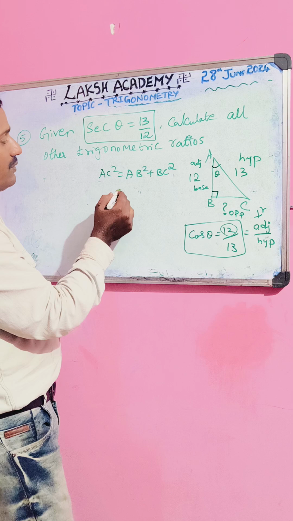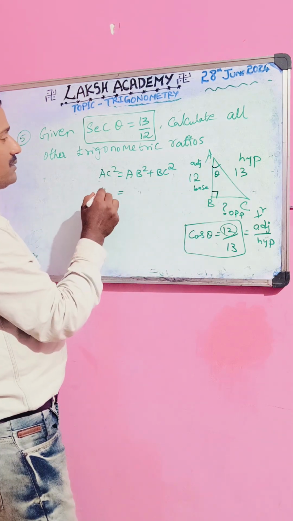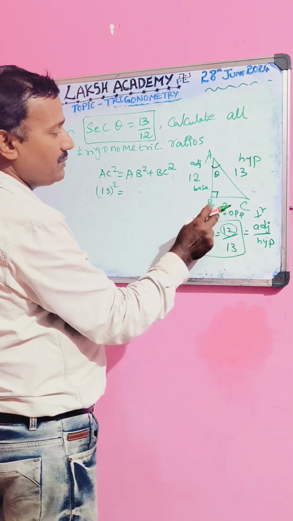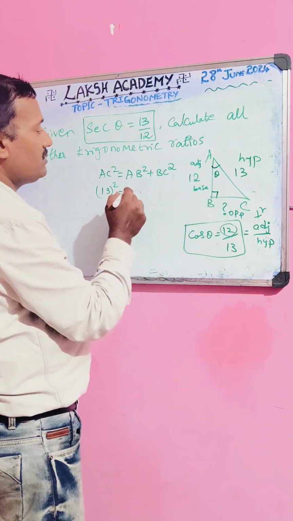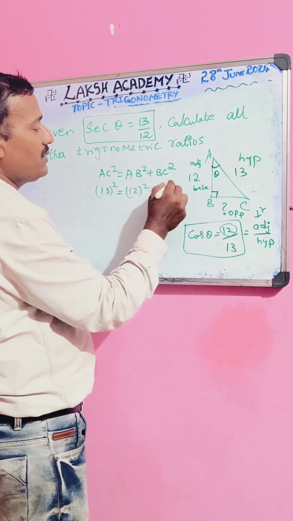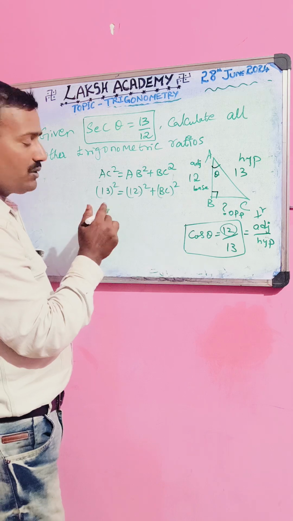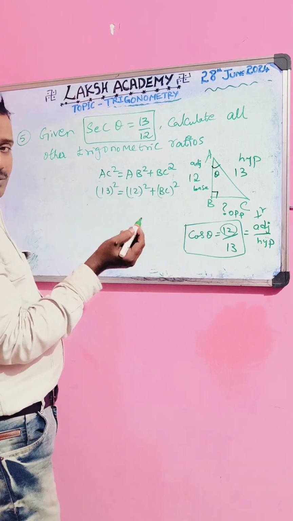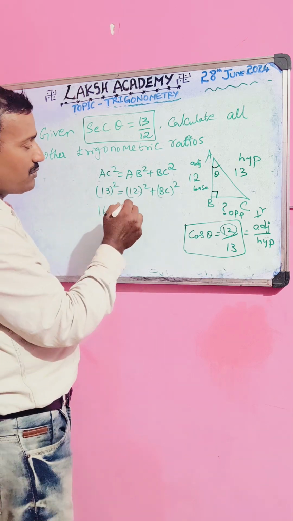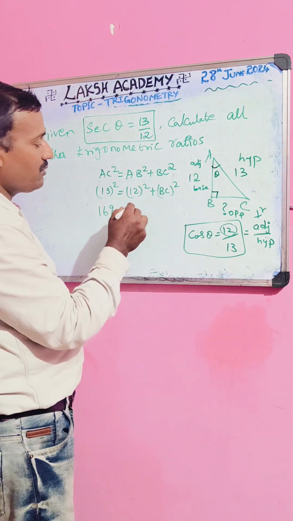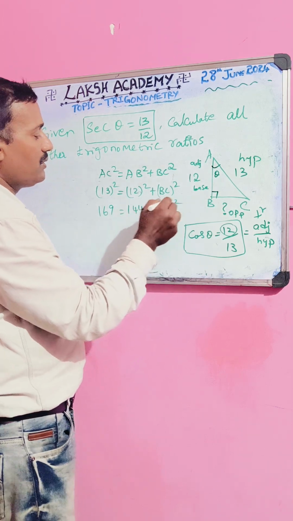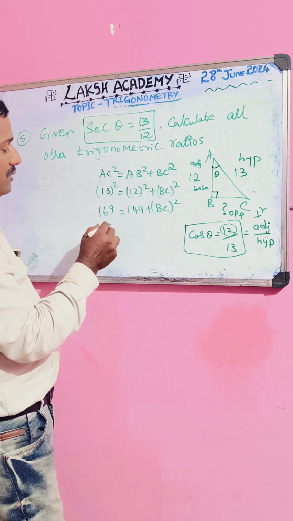Now we know our hypotenuse side is 13 square, and AB is 12, and we don't know only BC, so BC square stays as it is. 13 square means 13 into 13, which is 169. Similarly 12 square, 12 into 12, is 144. So plus BC square.